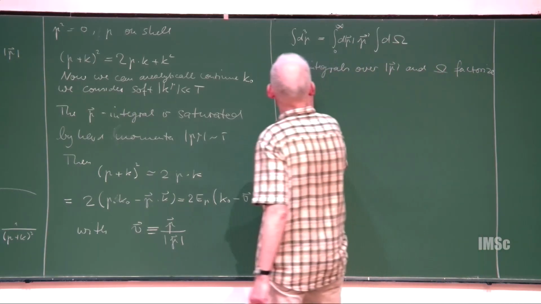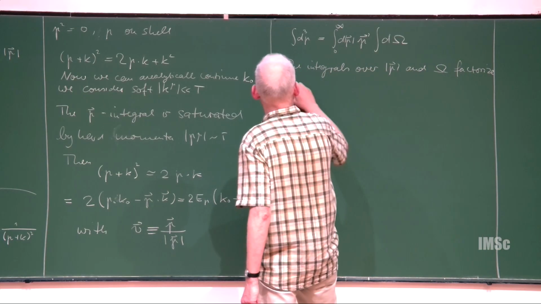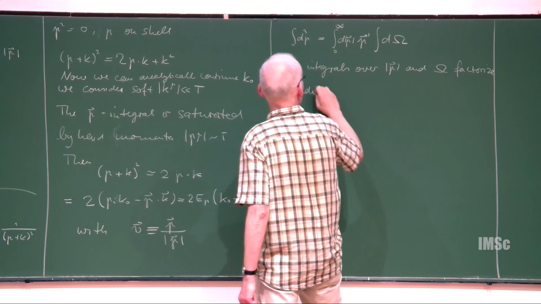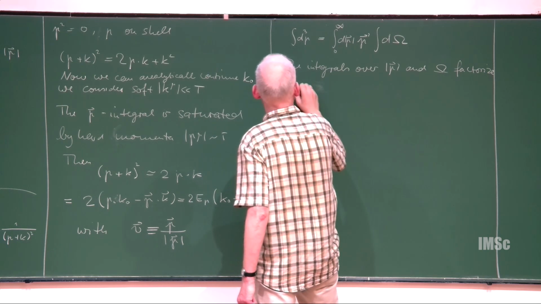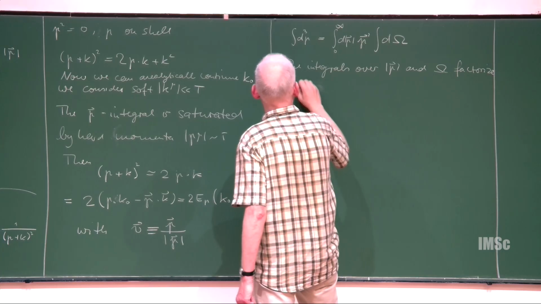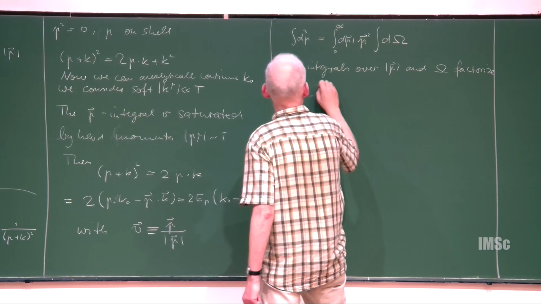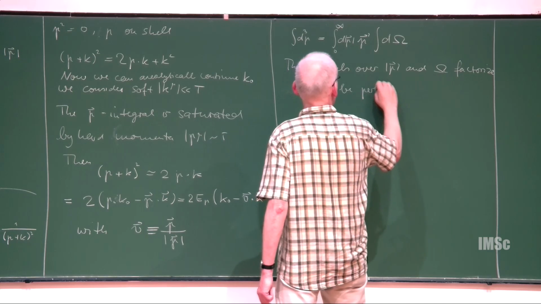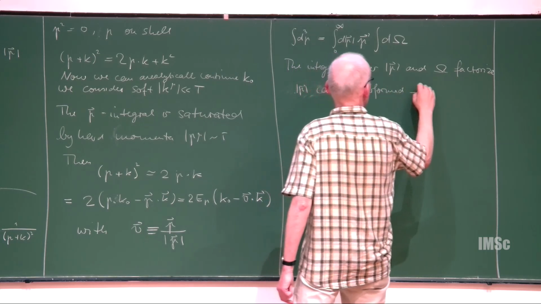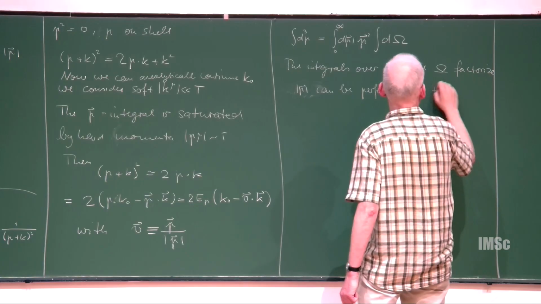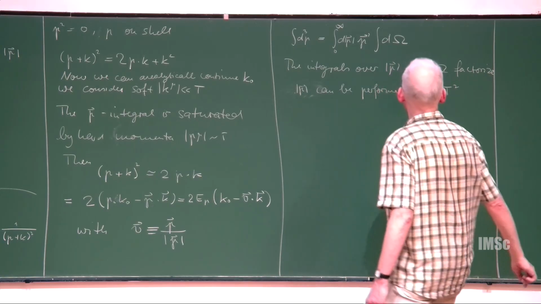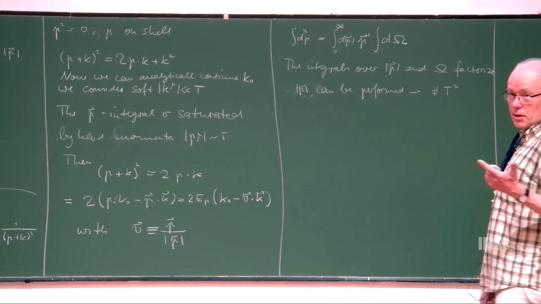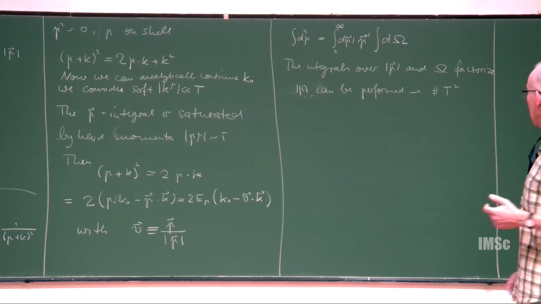So the p integration can be performed, and it gives some number times T squared, as we did in the scalar case.